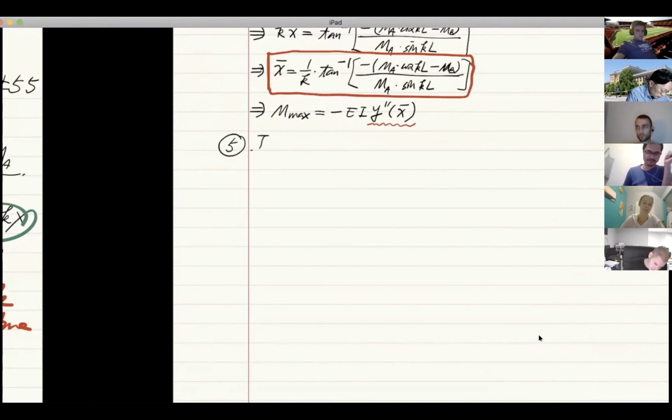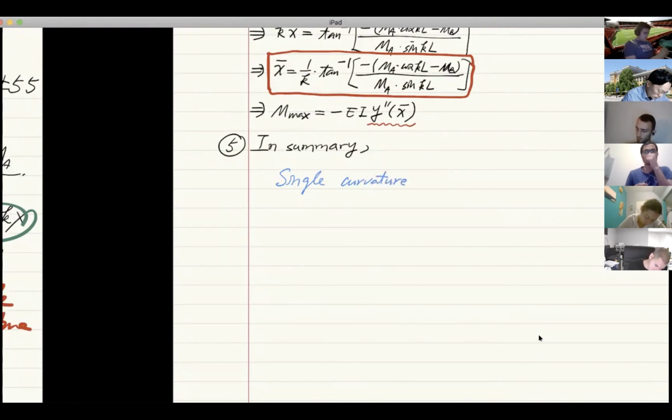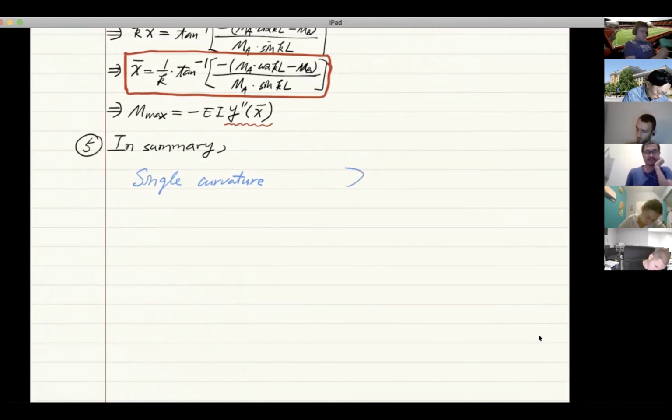In summary, we know that the maximum moment, I will just give you the expression for single curvature versus double curvature.